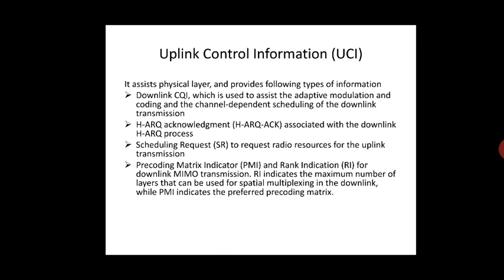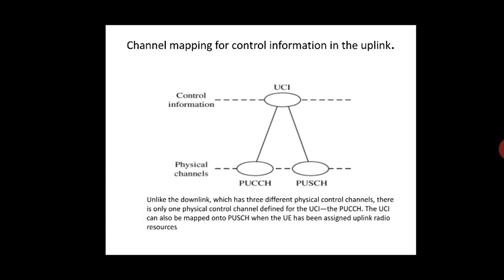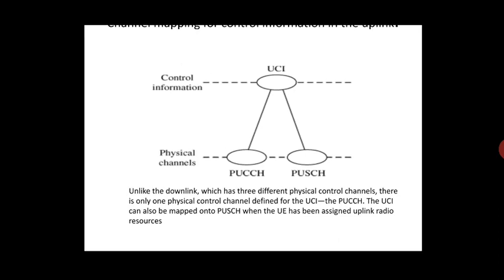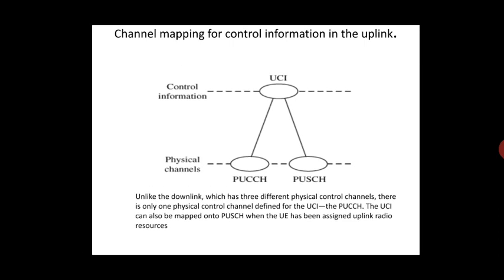As you can see here, there is control information in the uplink, with two layers: control information and physical channels. The physical channels PUCCH and PUSCH are mapped to the UCI, the control information channels.